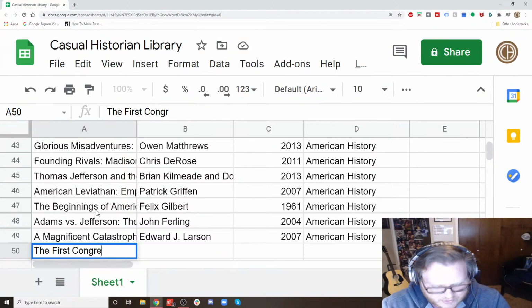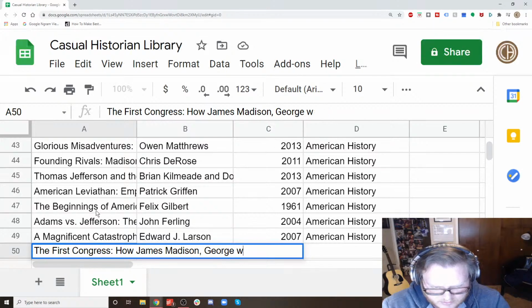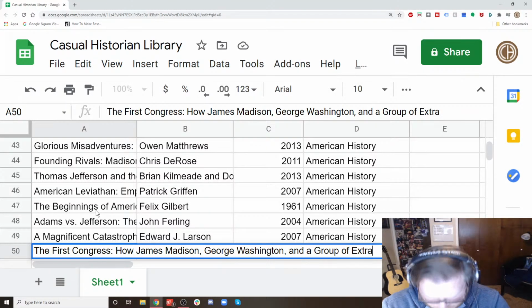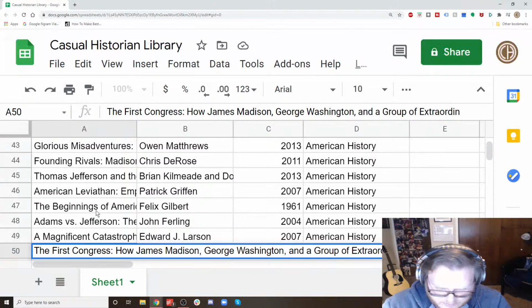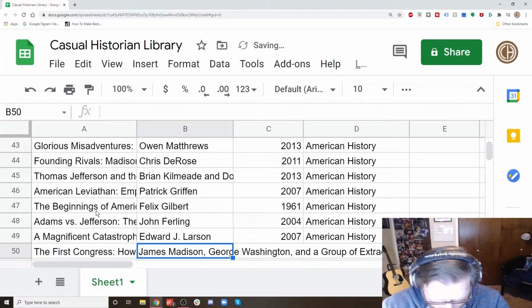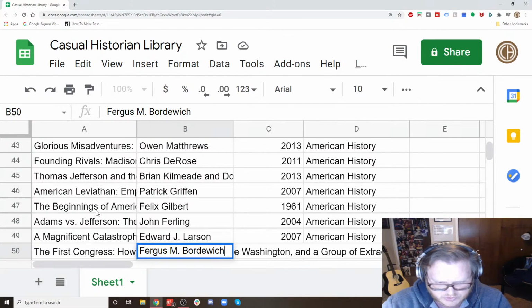The First Congress: How James Madison, George Washington, and a Group of Extraordinary Men Invented the Government, by Fergus M. Bordewich.